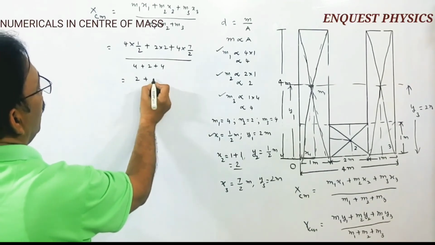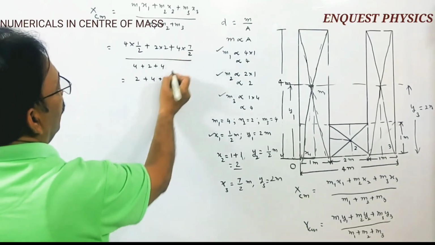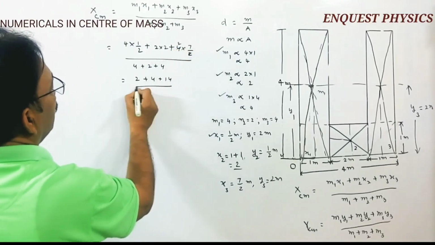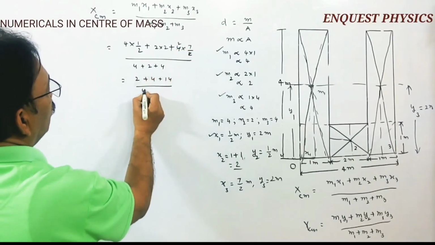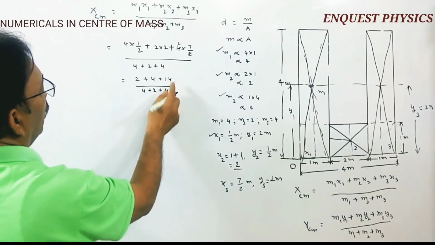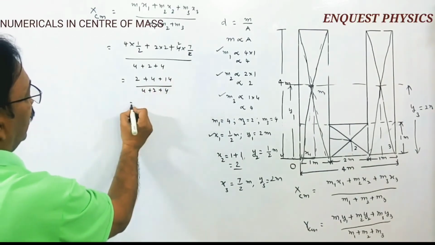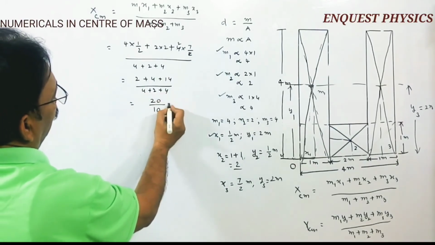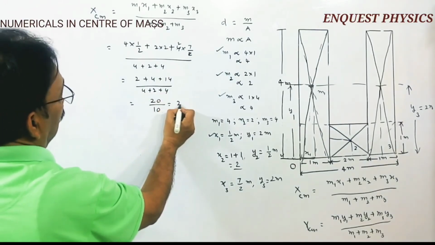It is 2 plus 4 plus 14 by 4 plus 2 plus 4, 20 by 10, it is 2 meter.